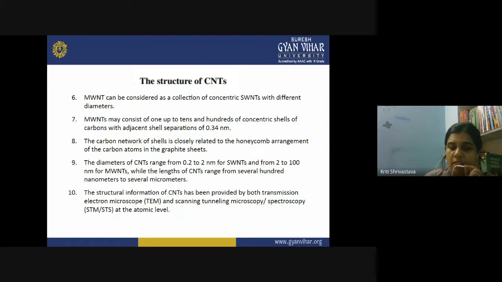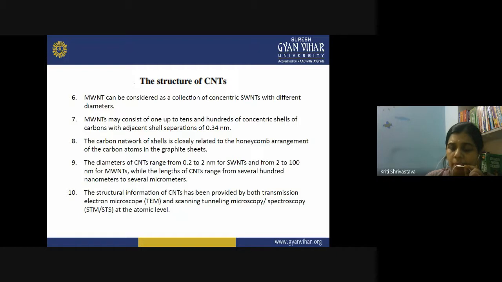So single-walled and multi-walled carbon nanotubes differ not only in their structure but also in their diameter. Single-wall nanotubes have a smaller diameter compared to multiple-wall nanotubes. Why?